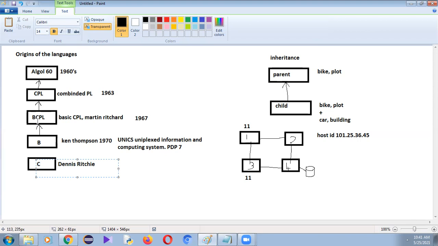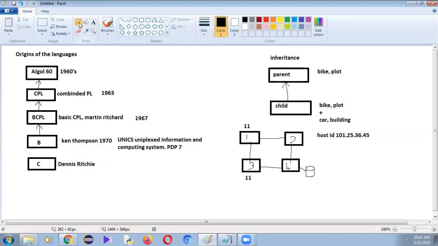That is C. The next point is C is the next alphabet after B. So every user can easily understand that it is the next version, the next generation of the B programming language. These are the two reasons why Dennis Ritchie gave only a one-letter name to the C programming language. So again, C is inherited from the B programming language.